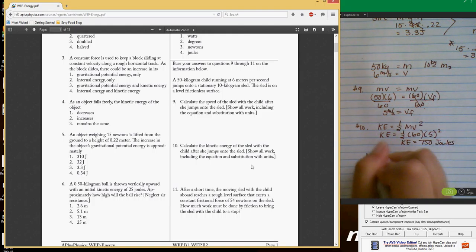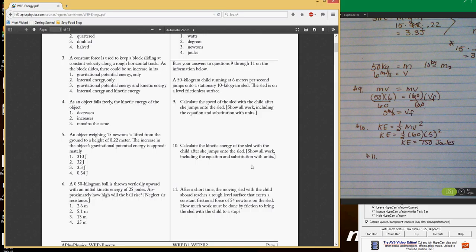Now question 11 says, after a short time, the moving sled with a child aboard reaches a rough level surface that exerts a constant frictional force of 54 newtons on the sled. How much work must be done by friction to bring the sled with the child to a stop? So all you're given is the frictional force. But this is an energy thought question.